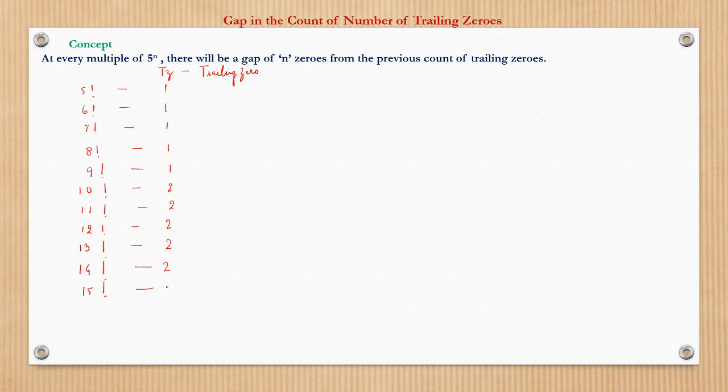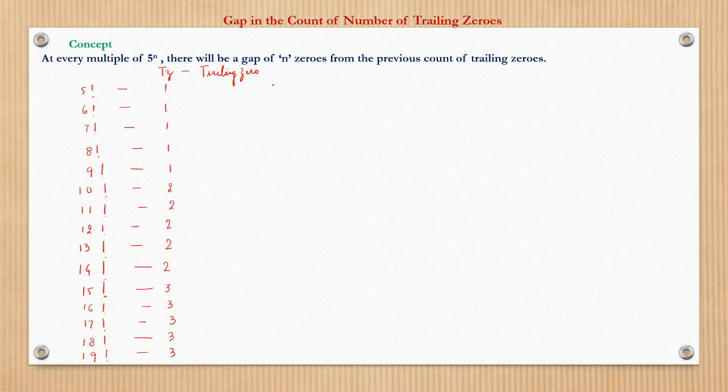That will be 15 by 5, which is 3. 16 factorial will also be 3, 17 factorial also 3, 18 factorial also 3, 19 factorial also 3.